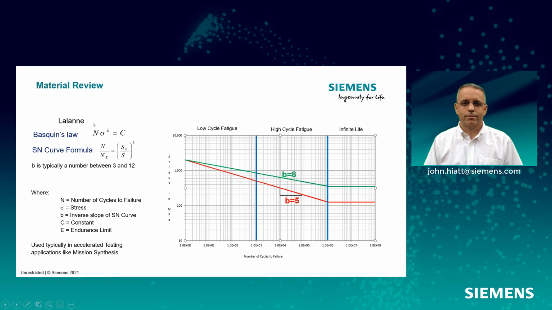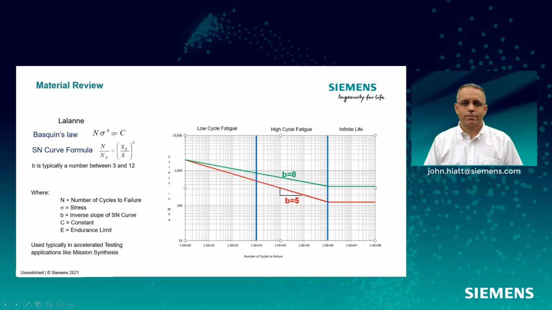So in the other formulation, B was a number between minus 0.33 and minus 0.083. Here, B is between 3 and 12. These are both right. They're not wrong. It's just that you can get wrong answers if you get them confused. Know what you're using.